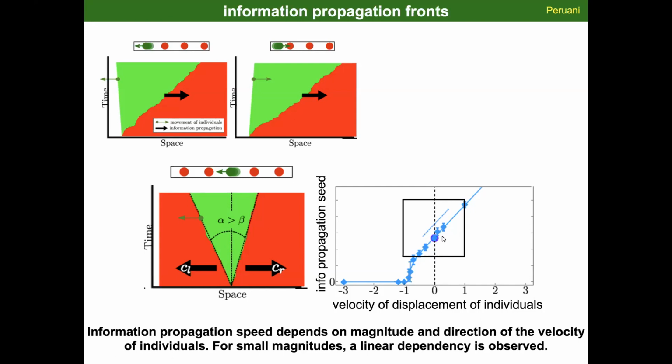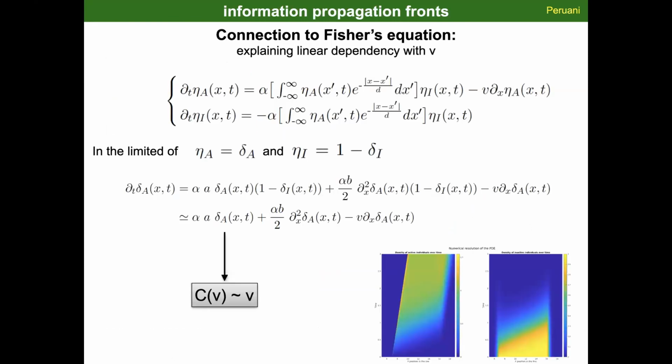Now, how can this be understood analytically in a relatively simple way? If you go to a kind of Fisher equation, in fact, you write down the corresponding master equation for the system I showed you before, which is an integral partial differential equation. But then you can make some approximation in the limit where delta A and delta I are very small.